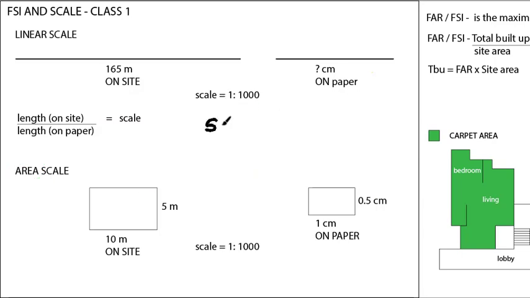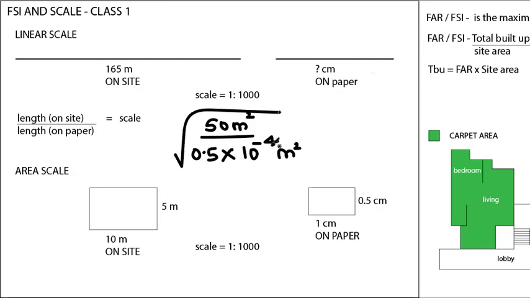So 50 meter square divided by 0.5 centimeter square is 0.5 into 10 raised to minus 4 meter square. Okay, taking square root. So 10 raised to minus 4, as it goes up it becomes 10 raised to 4, and 50 divided by 0.5 is 100. So 100 into 10 raised to 4, square root.